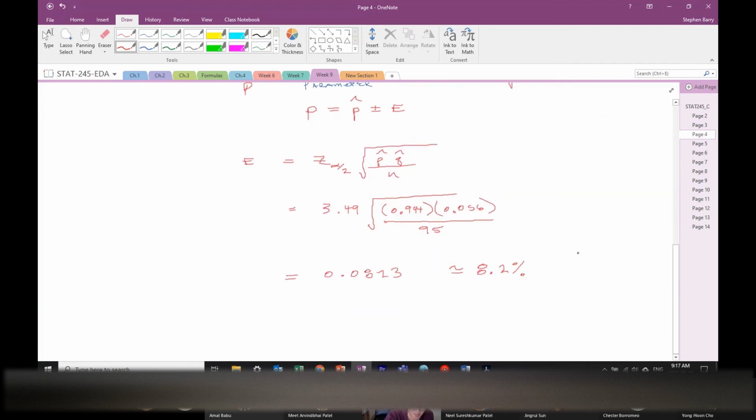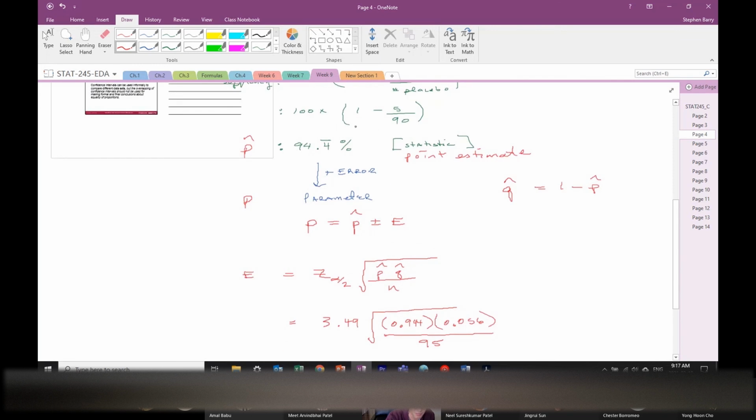That's quite a high error. So that's why they reported this as preliminary data. They said, okay, look, they didn't say that this is for sure it. They have to keep testing it. You're going to want to increase your sample size.